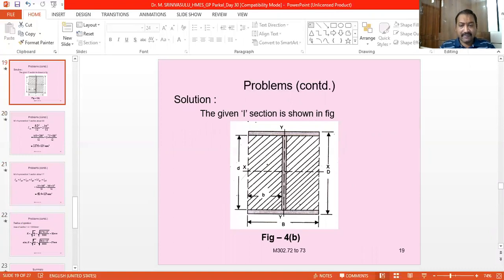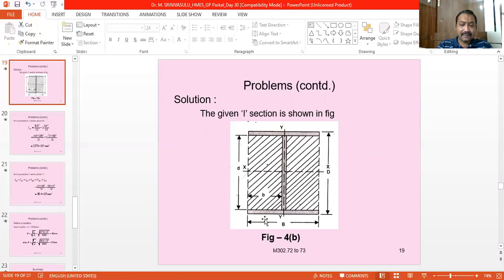Here the given I section can be constructed like this also. It is nothing but two rectangles cut out from a bigger rectangle. This is one rectangle and this is the other rectangle with the hatched marks, which are cut out from the bigger rectangle.